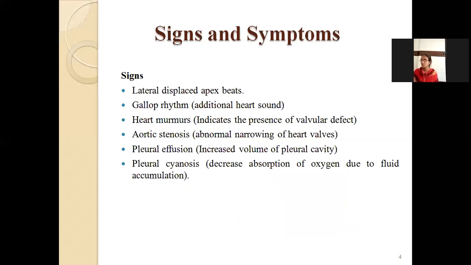So what are the signs? The laterally displaced apex beat and gallop rhythm, meaning an additional heart sound. Generally the heart sound is lub-dup, but in this condition we hear more heartbeats. Also heart murmurs indicate the presence of a valvular defect and aortic stenosis, meaning abnormal narrowing.